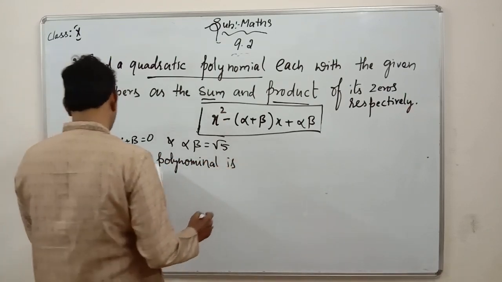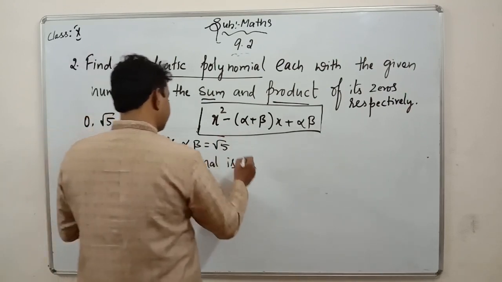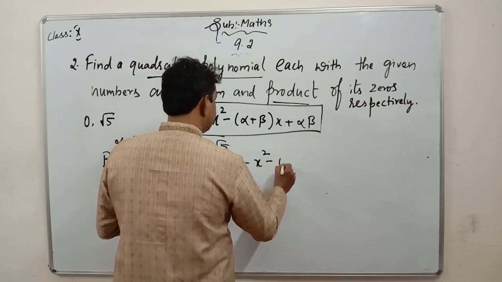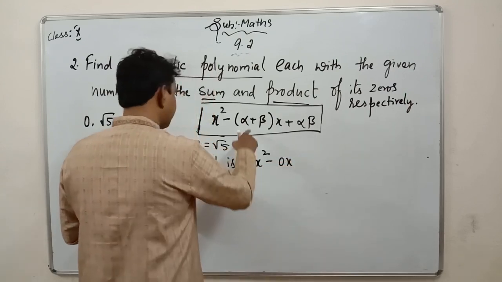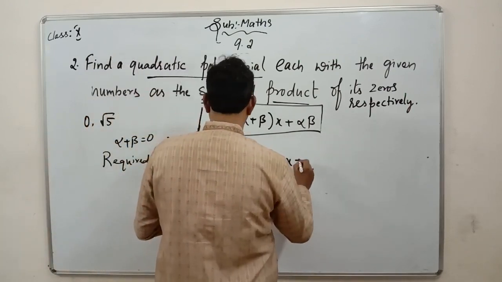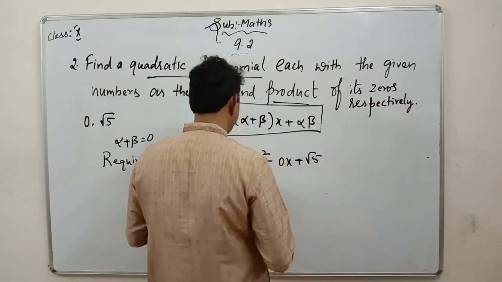The required polynomial is same thing, the same formula which is used here. Instead of x square we have x square minus 0x, because alpha plus beta equals to 0, plus root 5. This he has given there.